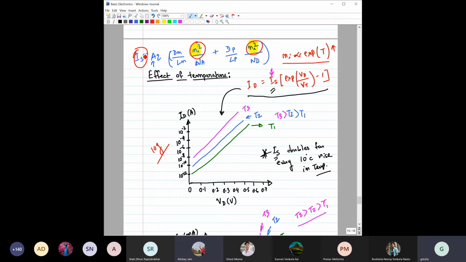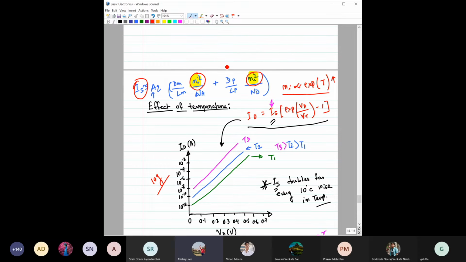Sir, but the formula for Ni is not directly proportional to exponential of t. Then how? What is the actual relation? So you write it like b t raised to power 3 by 2 into exponential of minus Eg by 2 kt. Okay, so let me write that.